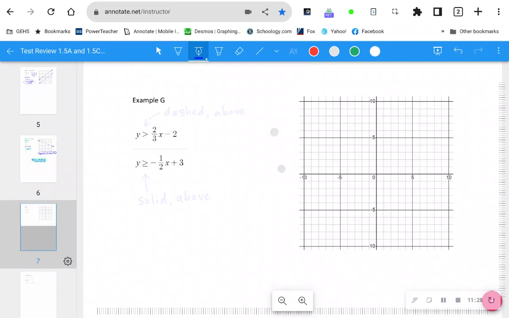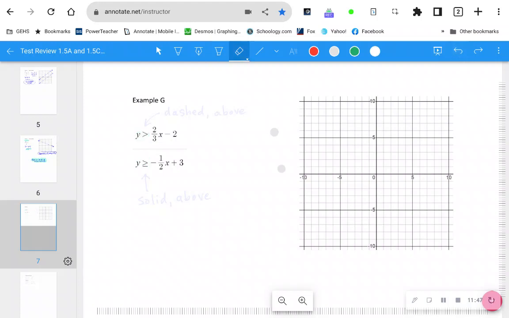Okay, welcome back. You guys have finished problems 3 through 8, and now I'm going to show you some examples for the next section. So, first thing I wanted to point out here is that we have inequalities, greater than signs and less than signs.